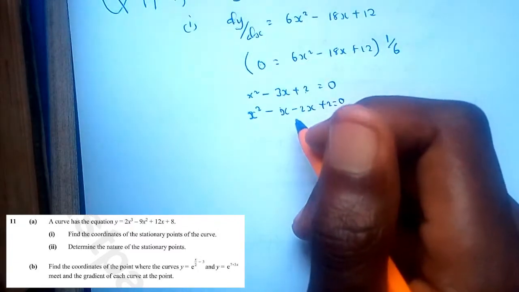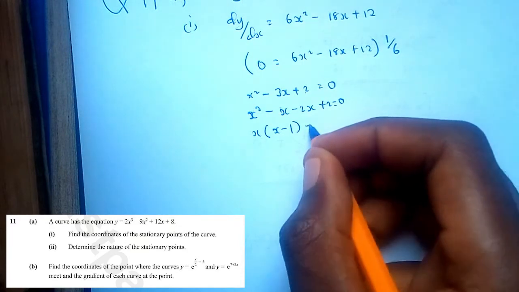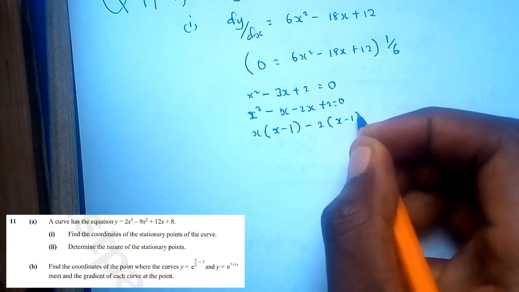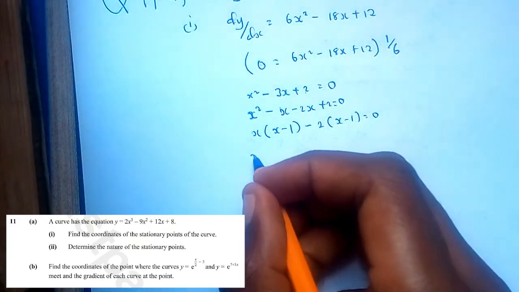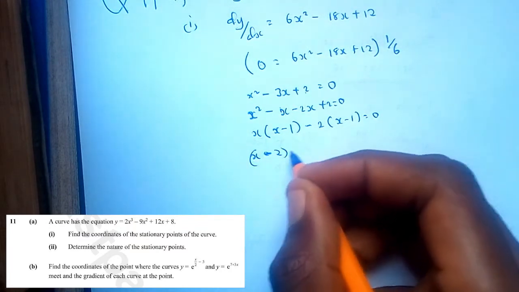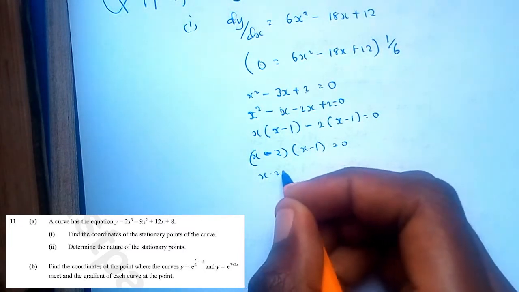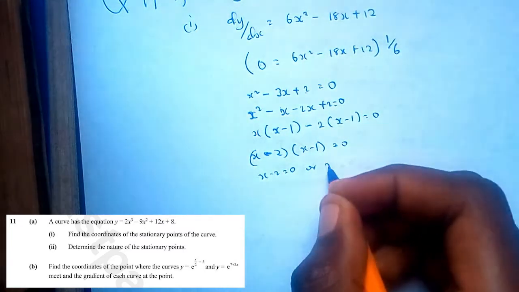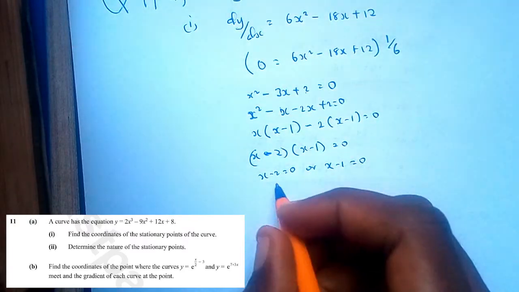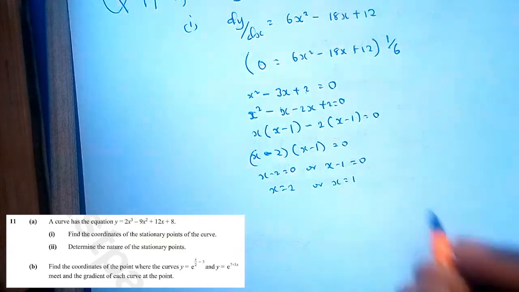So x minus 2, x minus 1 is equal to 0. So x minus 2 is equal to 0, or x minus 1 is equal to 0. So x is equal to 2 or x is equal to 1.